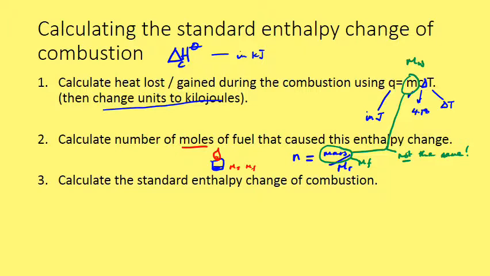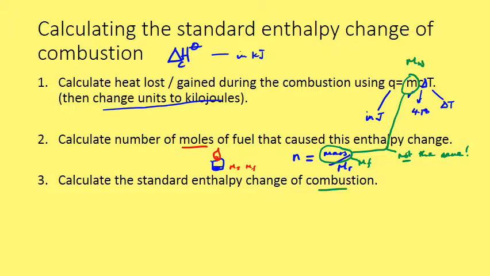So this is a combustion reaction, and what we want with our standard enthalpy change of combustion of the fuel is how much energy is given off from burning 1 mole of it. So this number of moles that we've calculated in step 2 is very unlikely to be 1 mole. It can be anything but 1 mole.